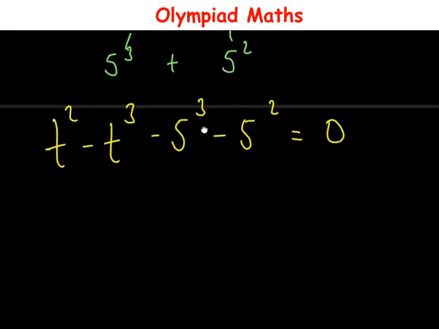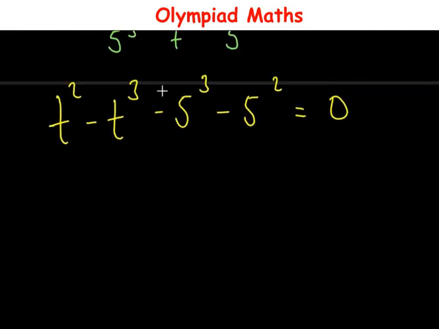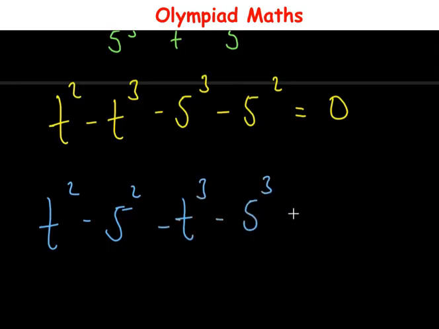Such that with this, let us bring the like terms to each other. So we have square here, bring them to one side. We have t raised to power 2 minus 5 raised to power 2. Also, we have power 3 here and power 3 here. Bring them to one side. Minus t raised to power 3 minus 5 raised to power 3. All is equal to 0.